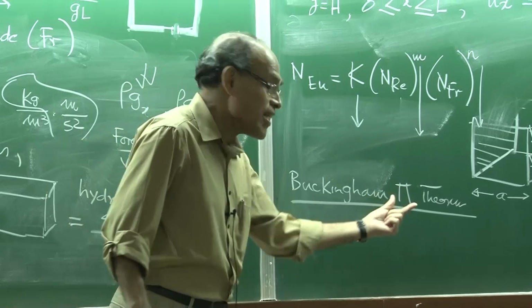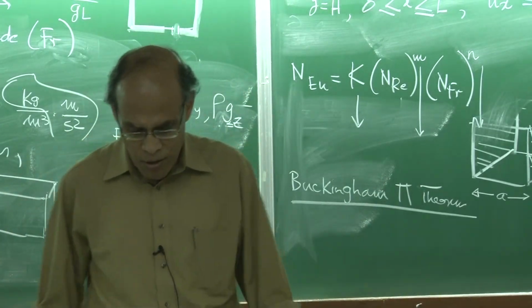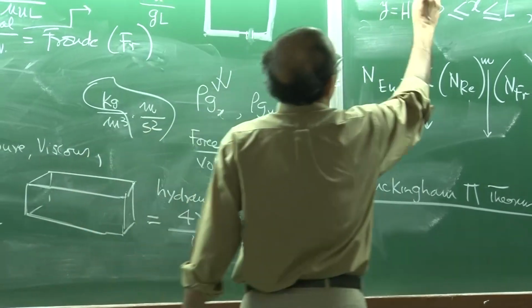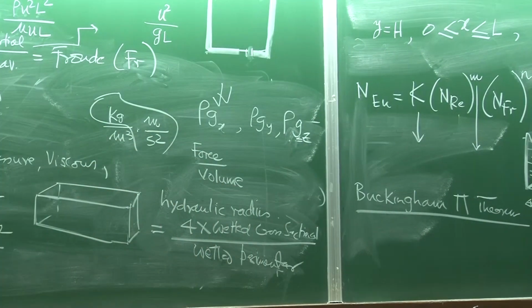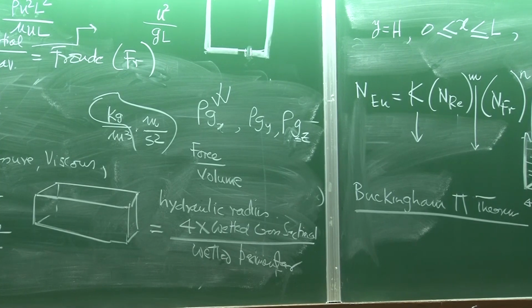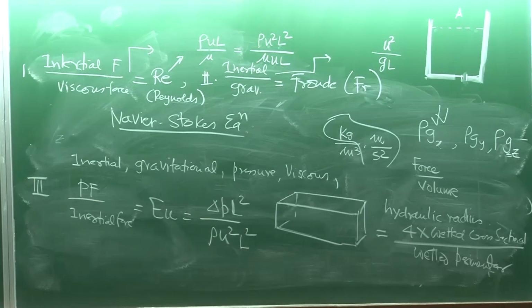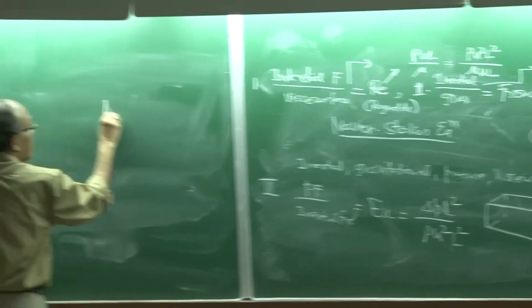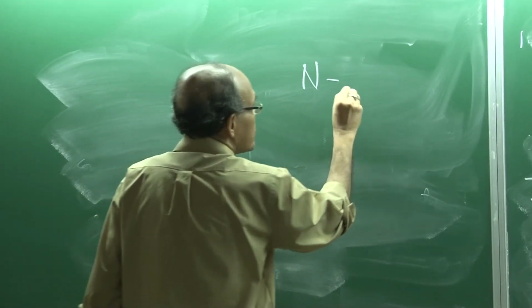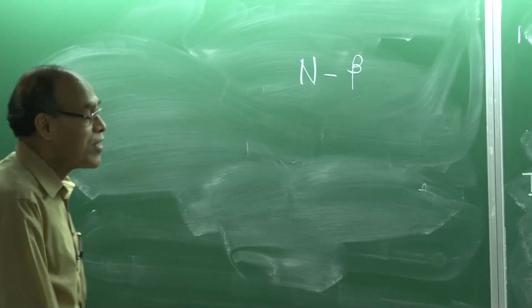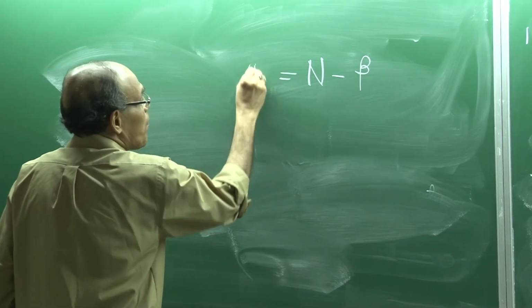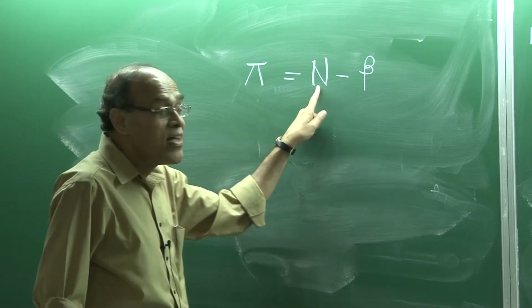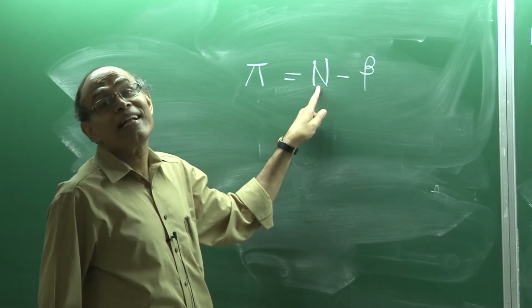So, the Pi theorem essentially tells us that if we have n number of total variables, total meaning dependent plus independent variables, and suppose beta represents the number of fundamental units involved, then the number of pi groups a relationship is going to be expressed with is dictated by this. So, what is n? Sum of the dependent and independent variables.